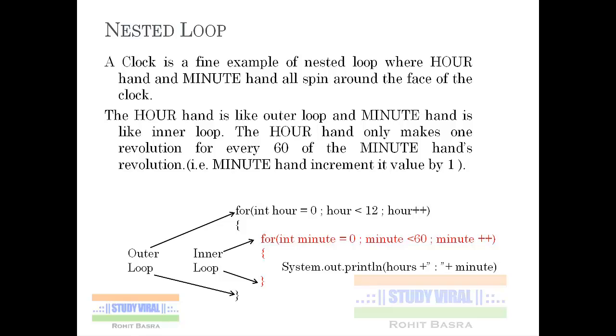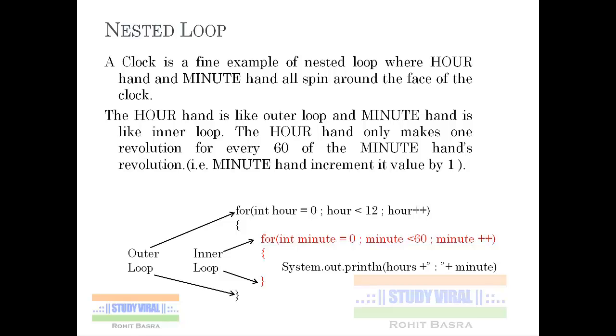When the hour variable has a value of 1 and the condition is, obviously, hour less than 12, we can enter the body of the inner loop, where the minute hand goes from 0 to 59.